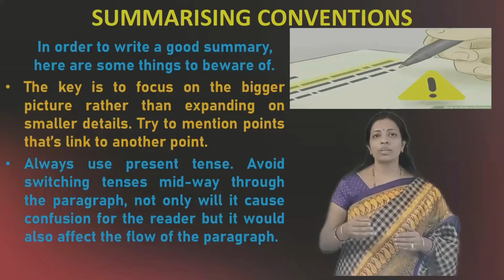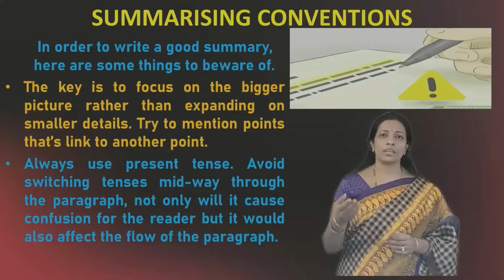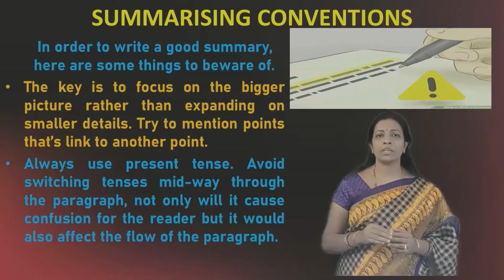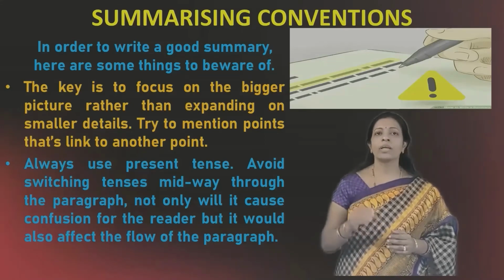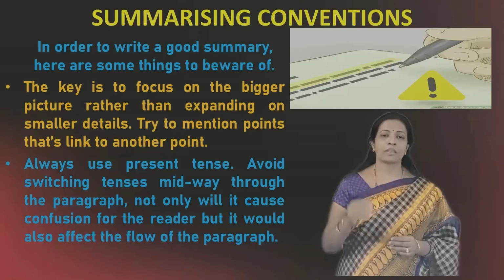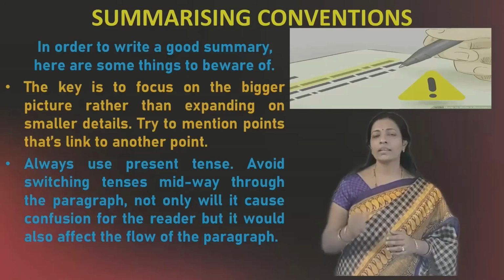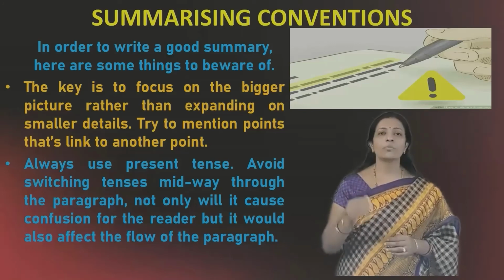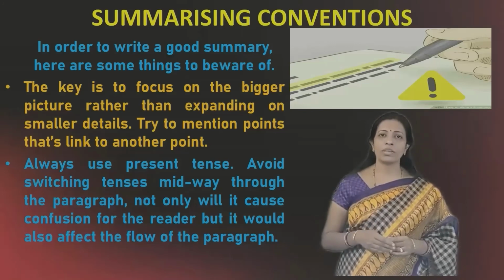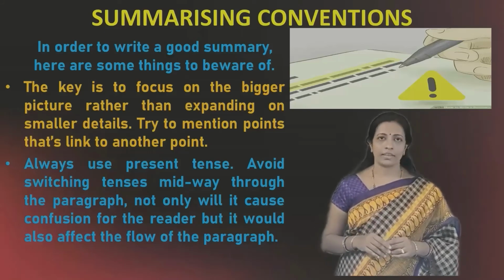Even if you don't agree with the writer's opinion, don't display it in your summary, because your summary is just meant to be a shortened form of what the writer has been trying to say. So always keep it short and keep it to the point. Don't miss out on any of the main points and try to remove all unnecessary details.